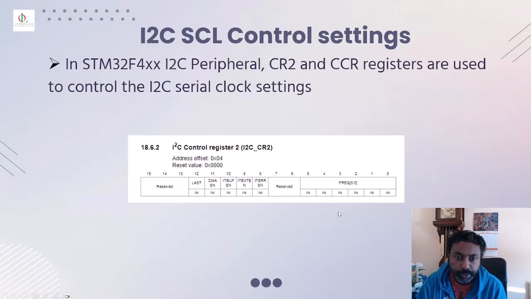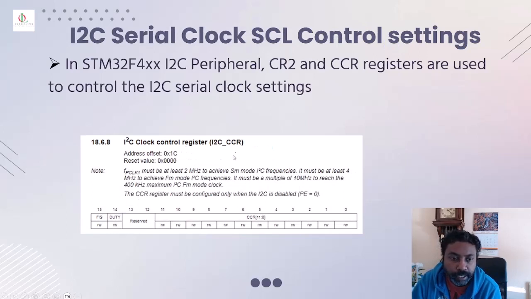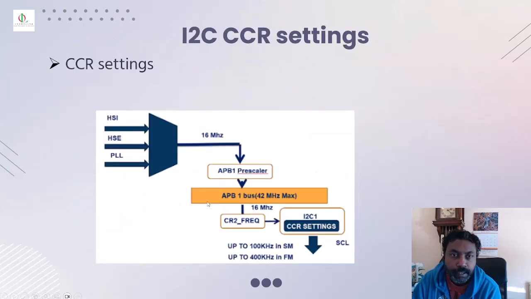So you have to set these registers: CR2, and this is the CCR. You need to set bit 15 as 0, which you will learn in the program. And to set the clock control register, this is how you calculate.